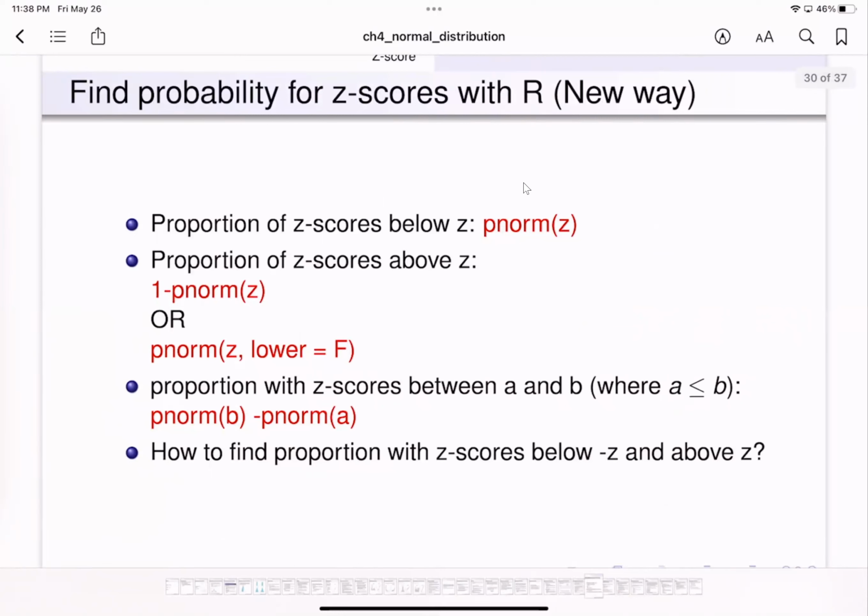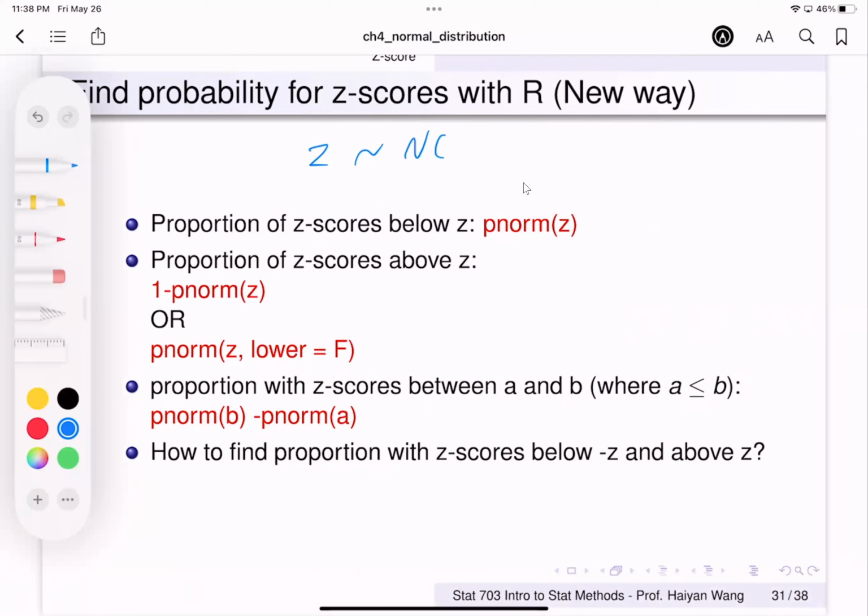Suppose you have the z-score, or in other words, Z follows a normal distribution with mean 0 and variance 1. What you want is the probability that this variable is less than or equal to a value, given by little z. This is the proportion of the z-scores below little z, and it can be computed in R simply with pnorm of z.